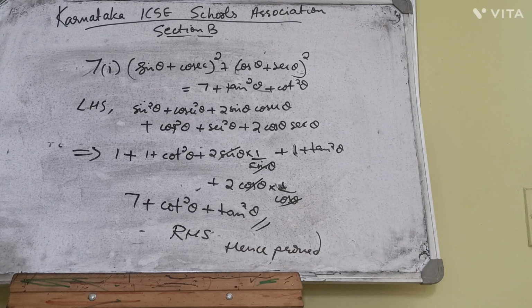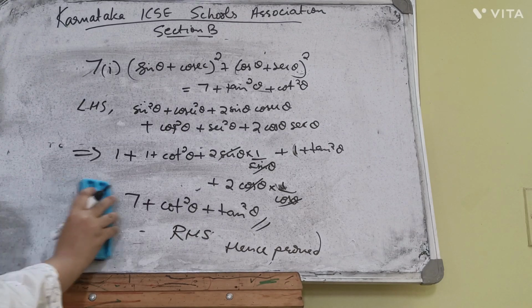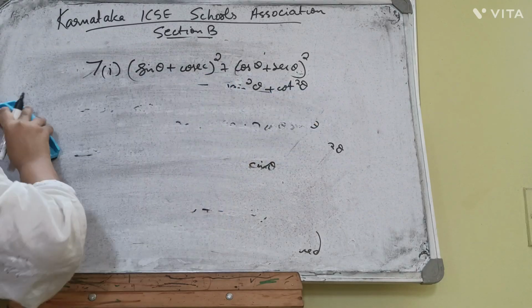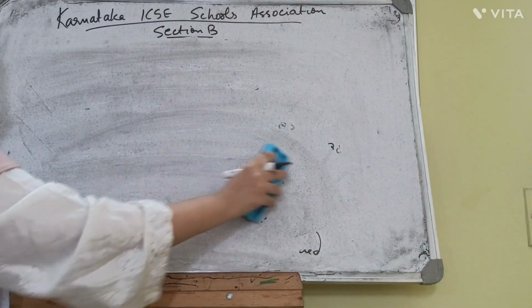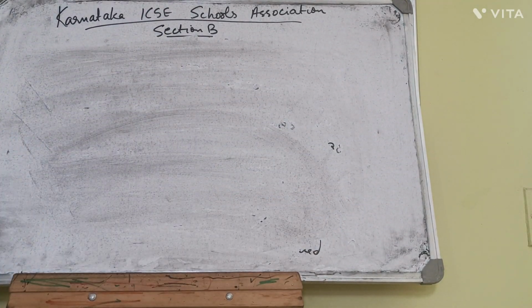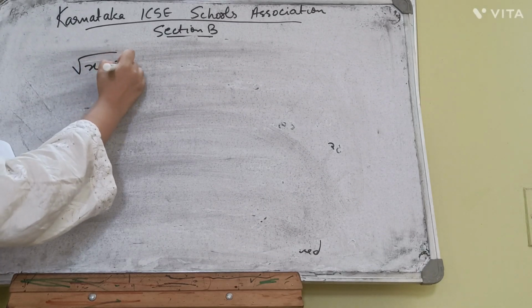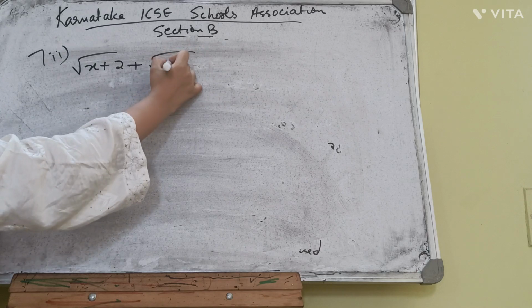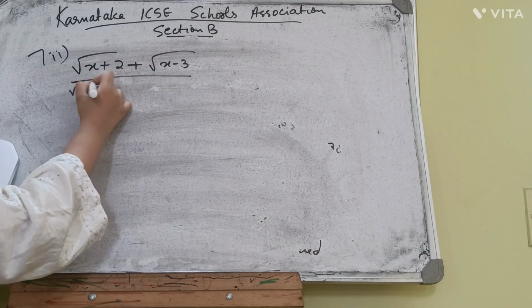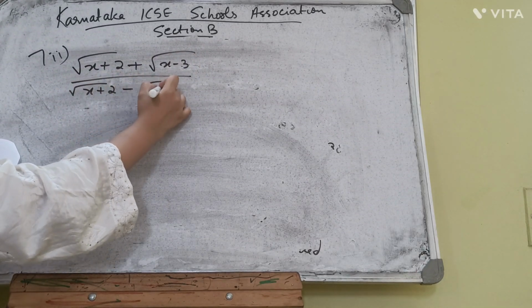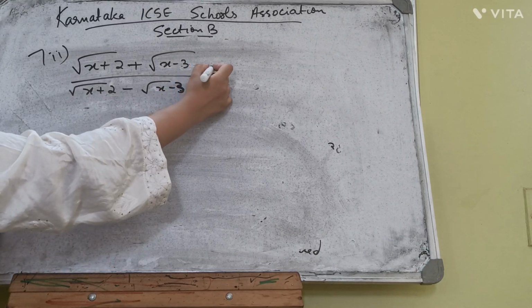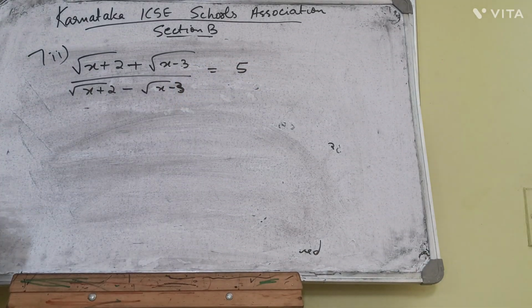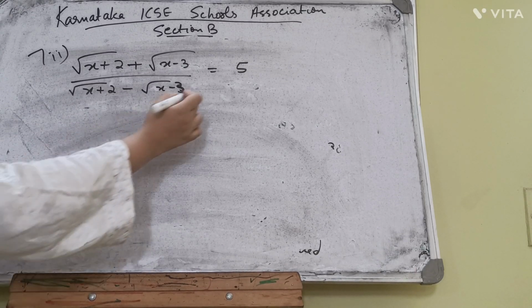Question 7, second one is a question from ratio and proportion. This is the question given, you need to find the value of x using properties of proportion.